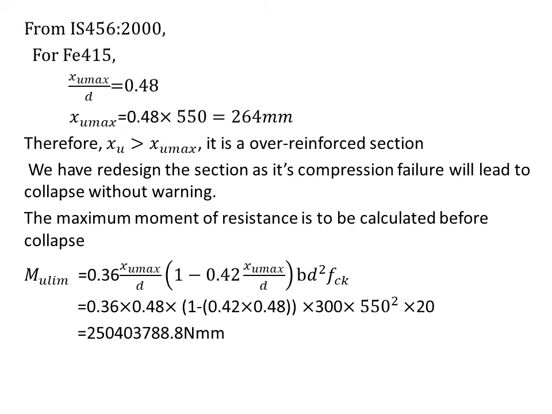So in the case of balanced sections, where the moment of resistance becomes equal to Mu limit, we used this formula and substituted the values, and we got the value of the maximum moment. We can even write it as 25.04 into 10 raised to 7 Newton mm.